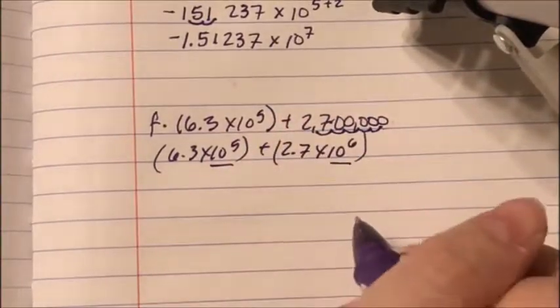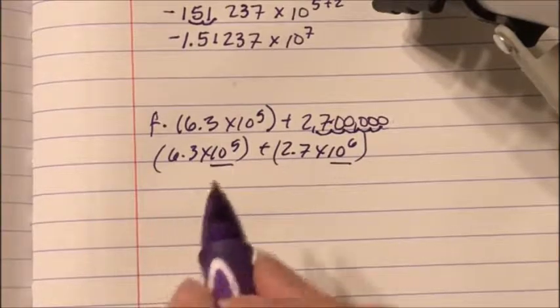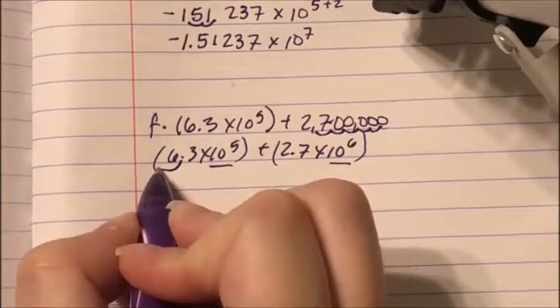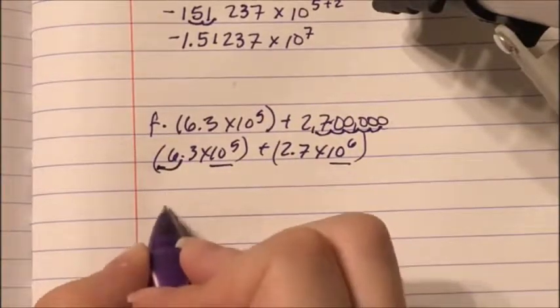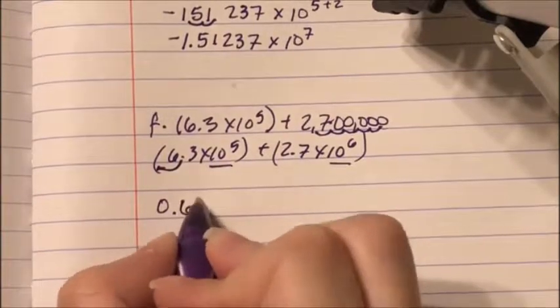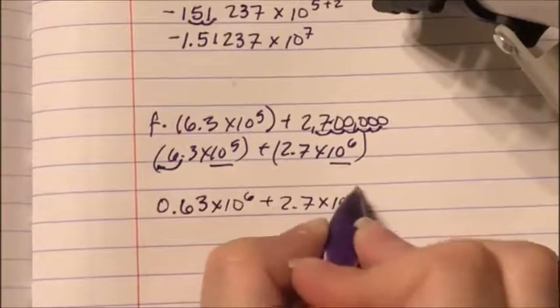Not the same, right? So I need to change one. I'm going to go ahead and change this one to 10 to the 6th. So if I do that, I have to move my decimal place over 1. So now I have 0.63 times 10 to the 6th plus 2.7 times 10 to the 6th.